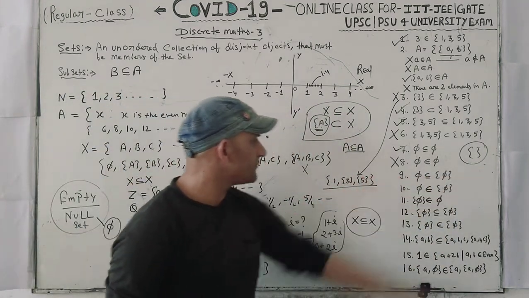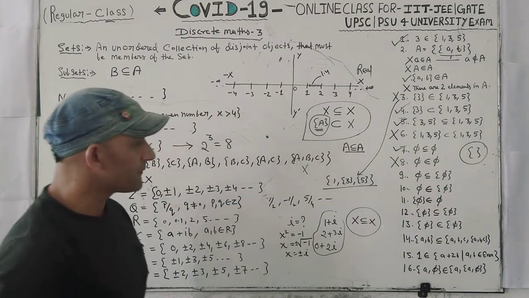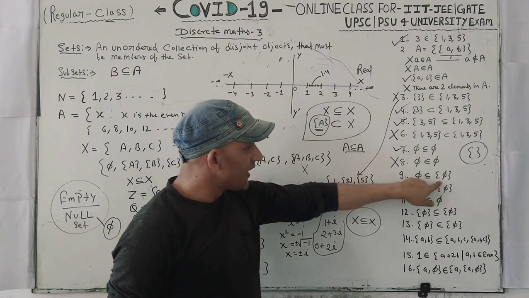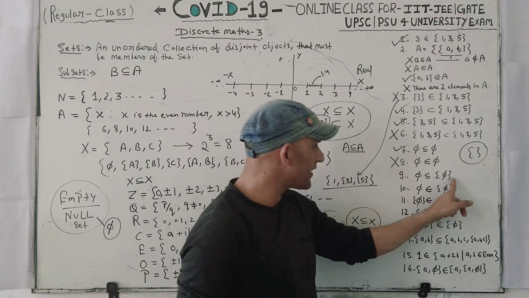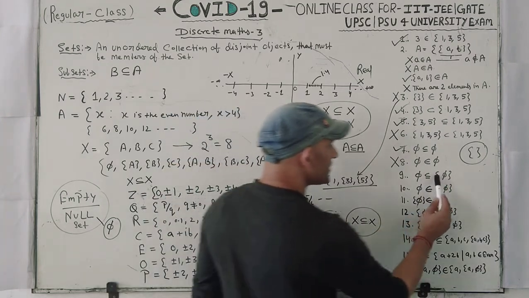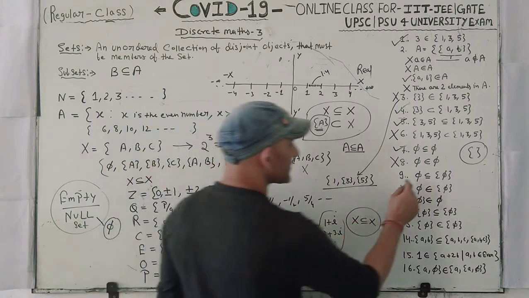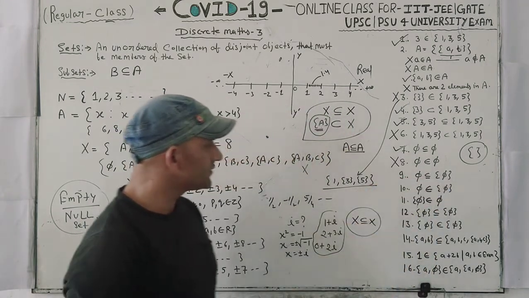Now question number 9: ∅ is a subset of this. This is a set, and here there is no element. In this set there is one element, ∅, meaning the null element. And he is asking whether {∅} is a subset of this.